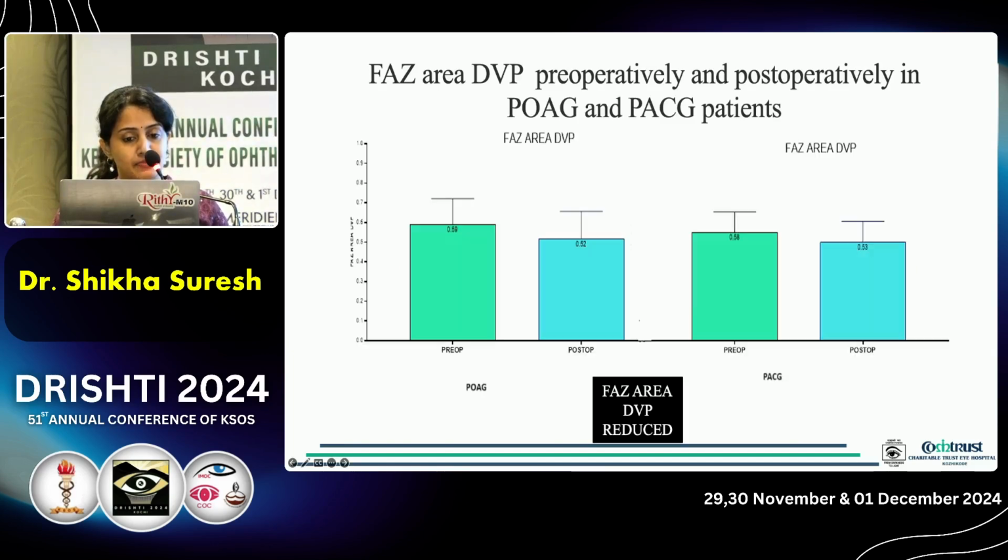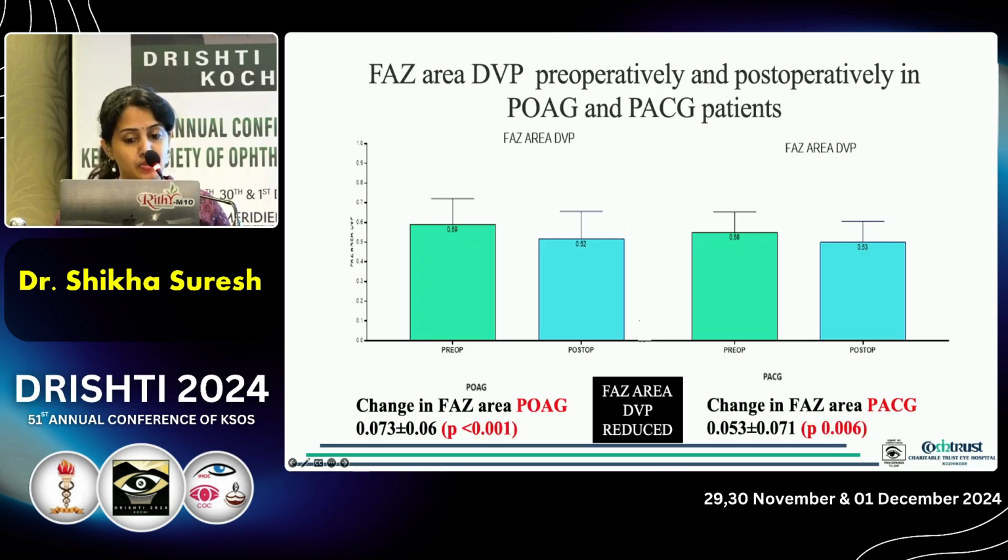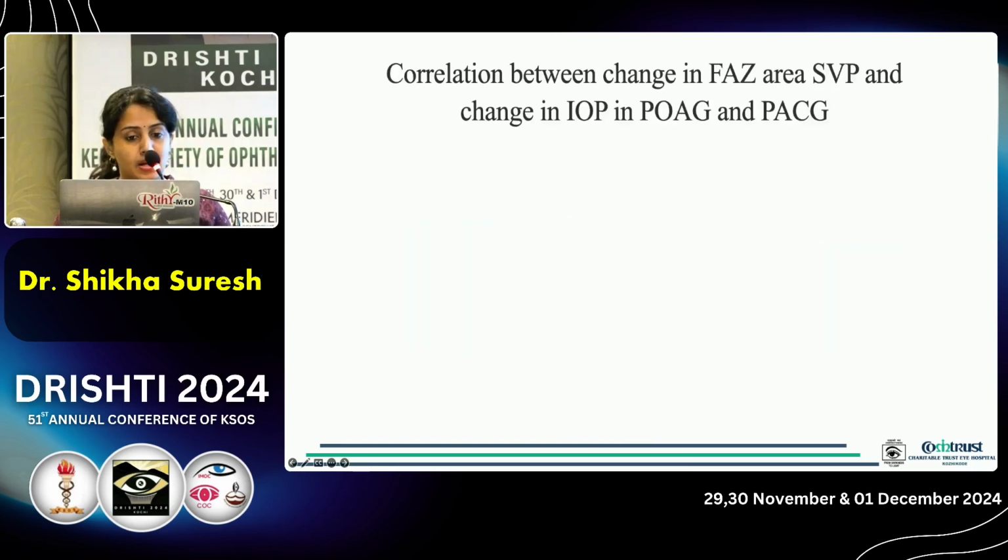When it comes to deep vascular plexus, FAZ area was reduced, with the change in FAZ area in both POAG and PACG groups statistically significant.